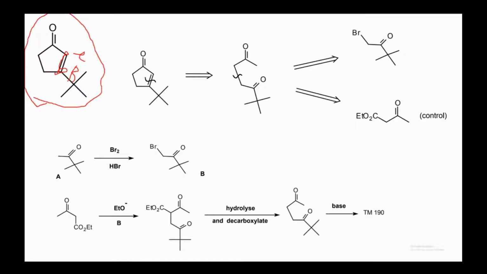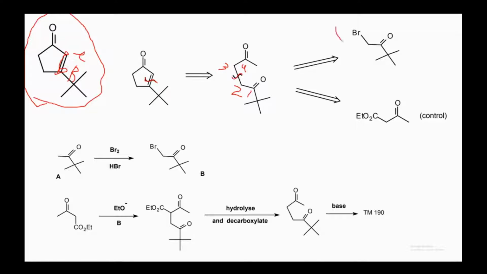So you disconnect from this alpha beta unsaturated carbon and you will end up having two carbonyl groups in one molecule. Now if you count the relationship between these carbonyl groups, there's 1, 2, 3 and 4. So the relationship between the two carbonyl groups is 1,4, and you can disconnect the bond between 2 and 3 in this way.